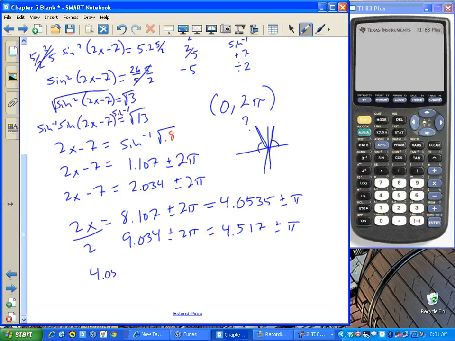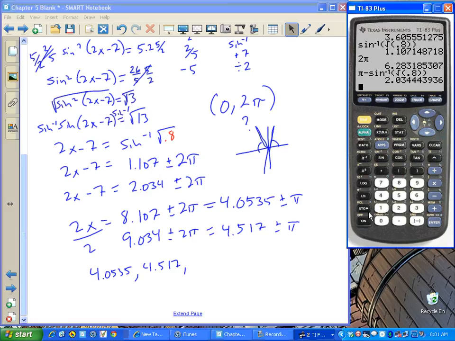So I get 4.0535, 4.517. Now if I add pi to this, 3.14, that's going to be 7, which is bigger than 6.28. Same with this one. So I can subtract pi. So I'm going to subtract pi. And there's another solution.